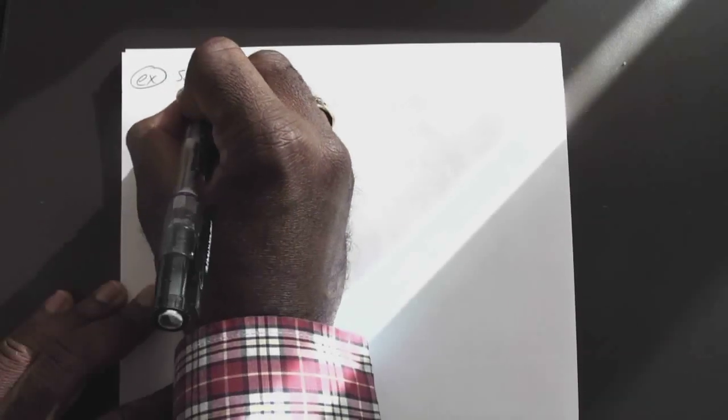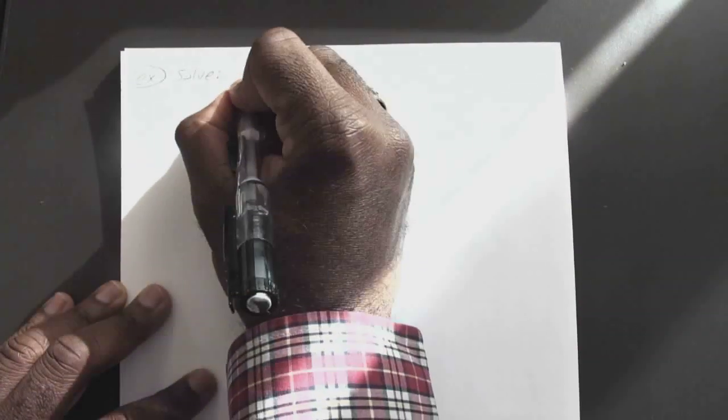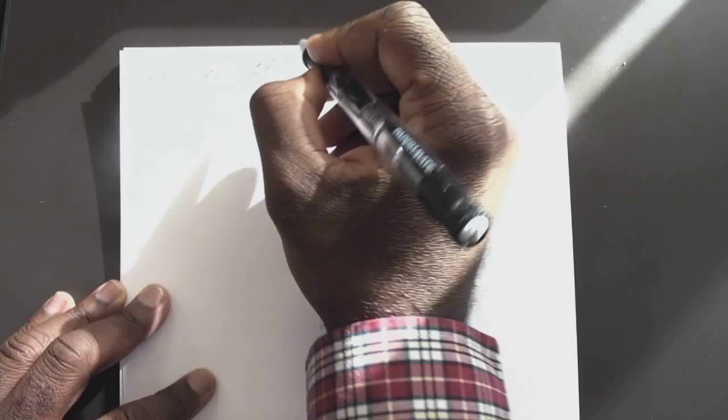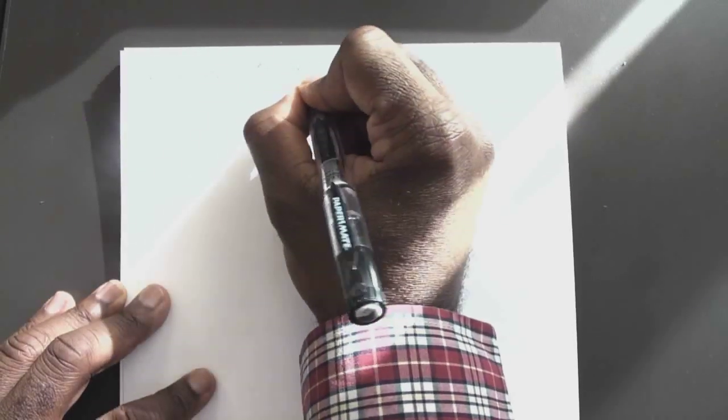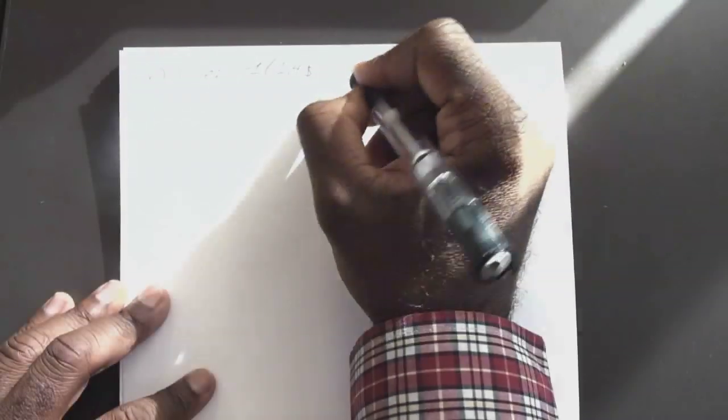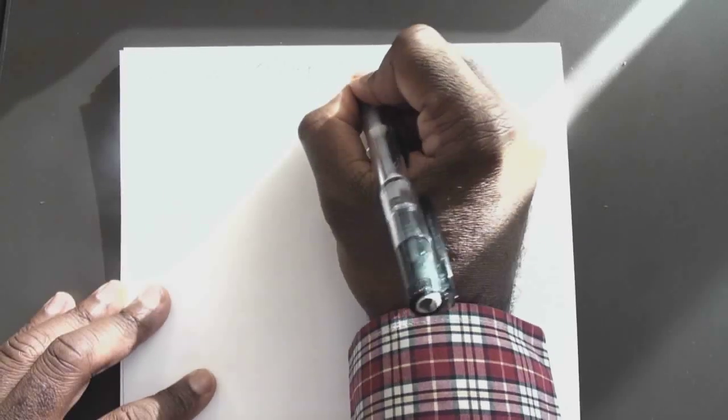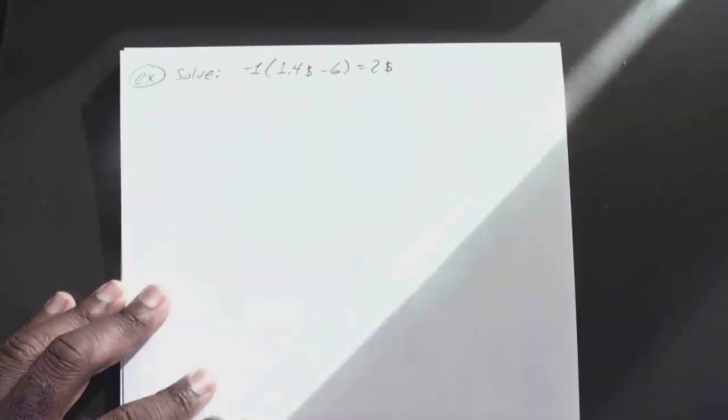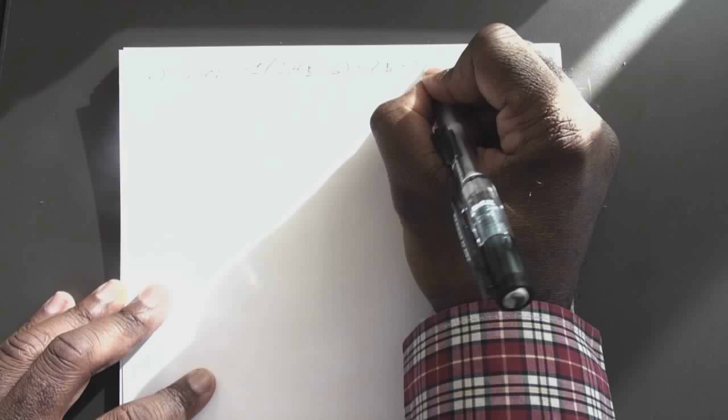Okay, so let's say we wanted to solve negative 1 times 1.4s minus 6 equals 2s minus 28. Let's draw a line through my s so they won't look like 5s.